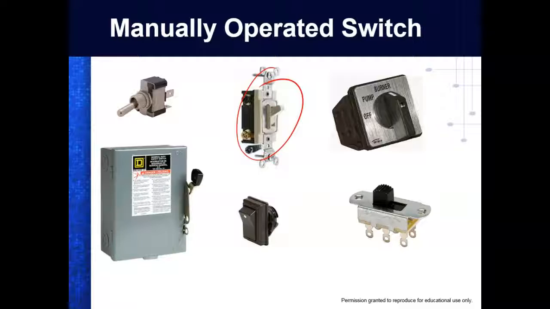Why don't we see much of those out on the floor in an industrial environment? It can cause a hazardous environment. It's just that if you accidentally hit them, they're so easy to change position. Right?